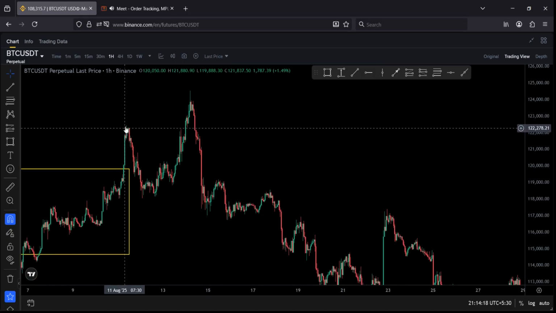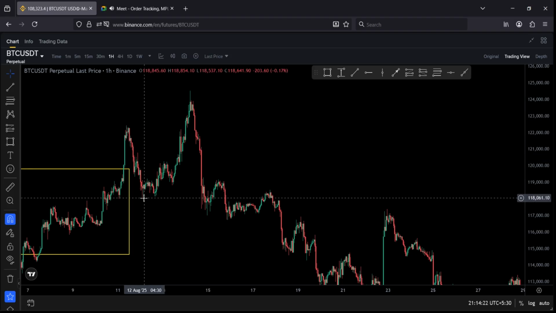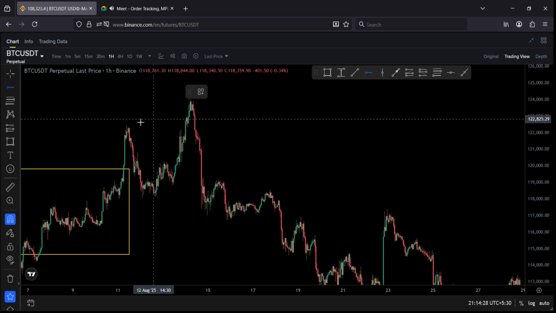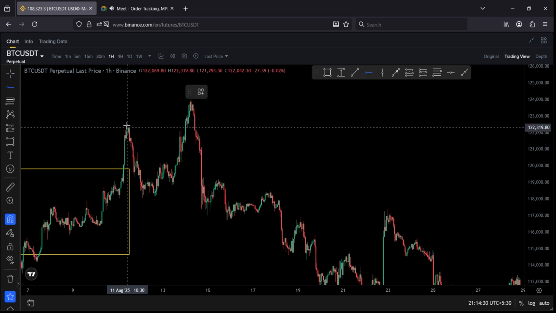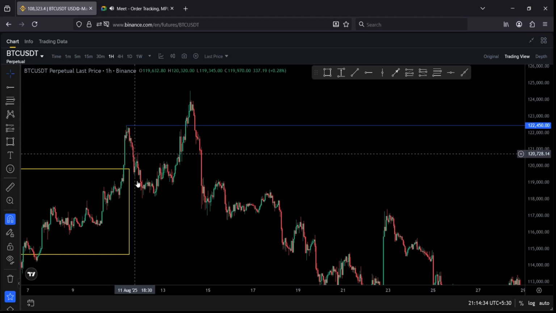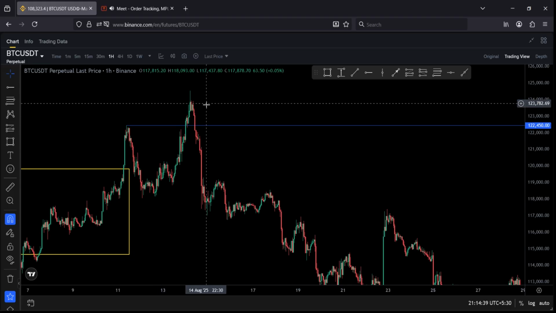Here price goes up, engulfed it, came back and goes up again. So goes up, made this high, okay, came back, goes up again and crosses this high to the upside.